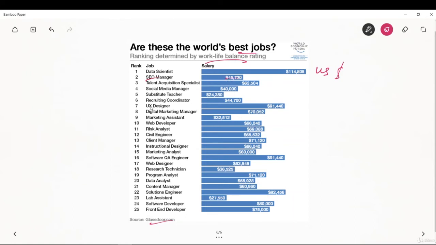A UX design, user experience design, gets around 90,000. Software QA engineer is getting around 90,000. Solution engineer is getting around 92,000. So the people who are working on data, let's say as a data scientist, are getting around 114,000 US dollars, which is the highest compared with the other professions.